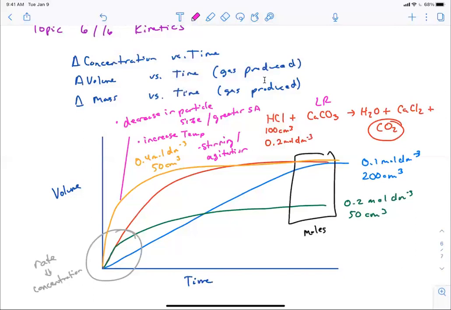So keep in mind, read very carefully, what's your limiting reactant, and that will affect what could change your curve. And the IB is going to be very particular about this in these questions to make sure that you only get the right answer for that. So pay attention to what the question's saying about limiting reactants and things like that.